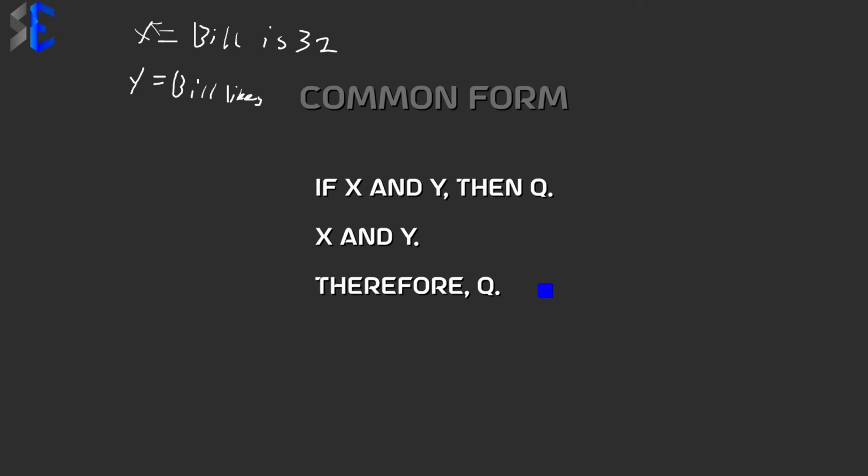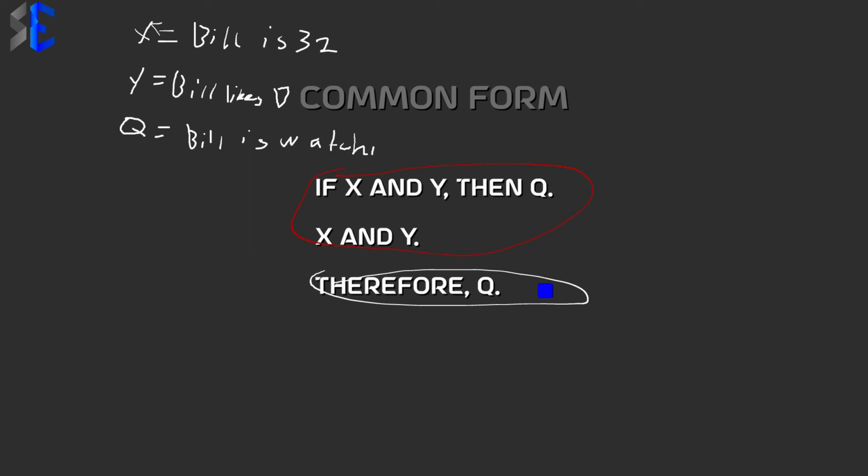And I'll draw a triangle for pizza because I don't feel like writing that. So yeah, Bill likes pizza, and then you say Q, and then this is just going to be whatever. Okay, so Q is going to be your conclusion. So keep in mind conclusion, premises. So Q is going to be whatever you're trying to prove, and let's just say we're trying to prove that, I don't know, Bill is watching TV. And again, this makes no sense in terms of actual storytelling, but you can put anything for these and it would work as long as you follow the rules.